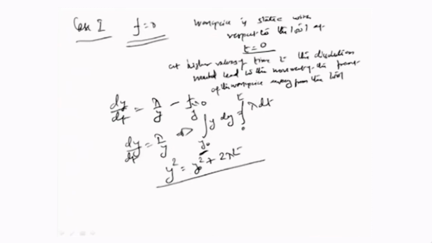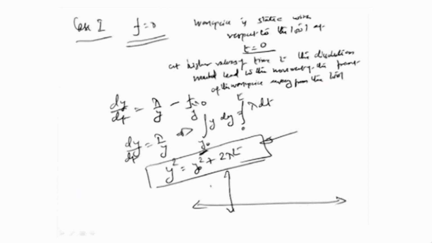So, that is how this particular equation would be, and if you plot the value of y with respect to t, it would typically look something like this here.